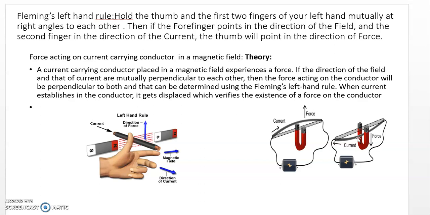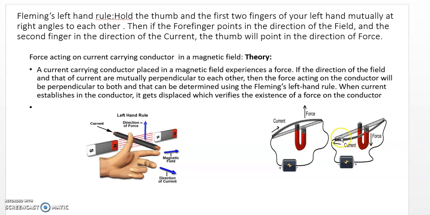So in this experiment, it is noted that whenever a current flows through the conductor in the presence of the magnetic field, it experiences a force that is exerted on the conductor. If the direction of the current is reversed, the direction of the force also gets reversed. Here it is upward and here it is downward.